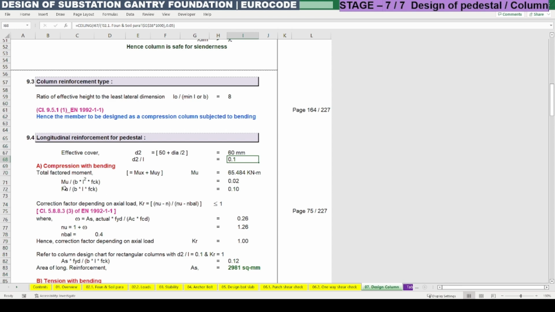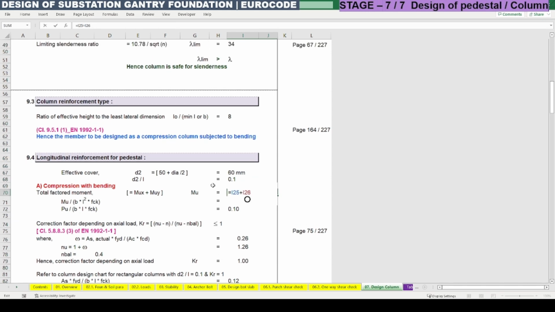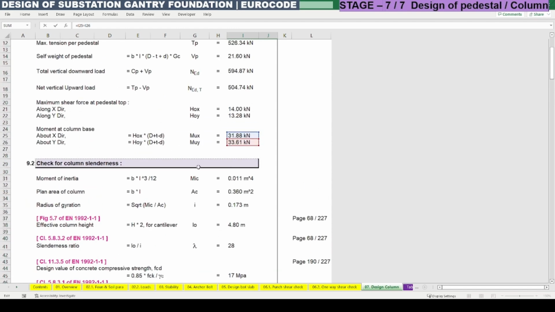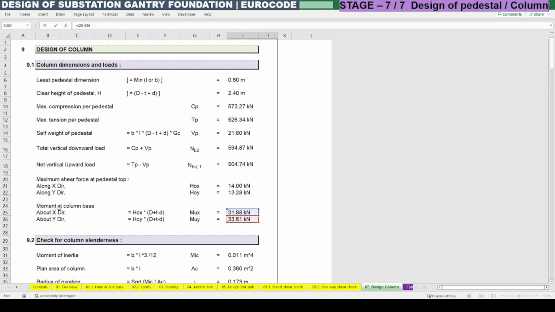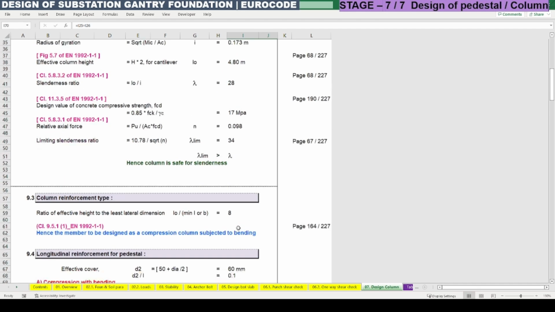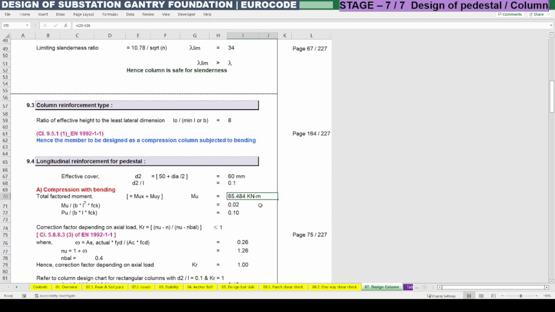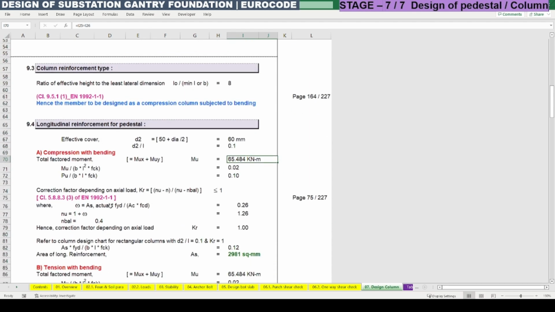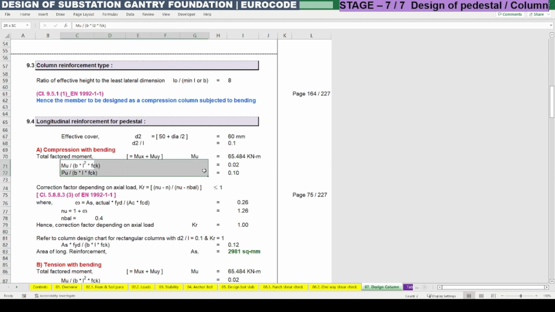Next one is we need to find out the total factored moment. So for the total factored moment, we are going to add these two values, which we already calculated. Moment at column base is 31.88 kN·m in MUX and MUY is 33.61. So adding these two, 65.484 kN·m we are getting. So now we need to apply this equation.